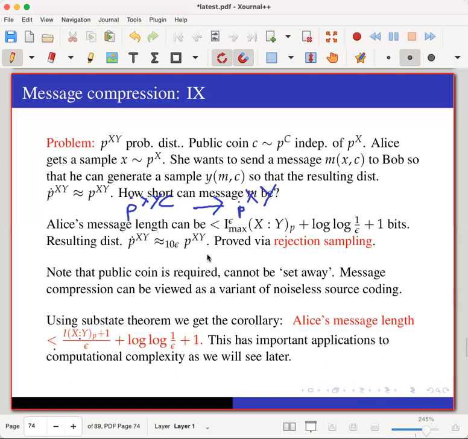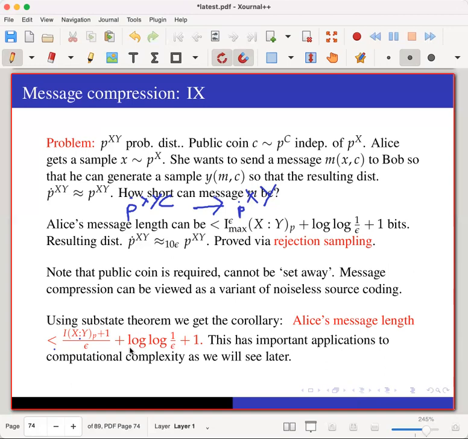So after we have this achievability result, we can apply the substate theorem. The substate theorem upper bounds I epsilon max by the Shannon mutual information I divided by epsilon. And so we get this corollary. Now you may say, what is so great about it?